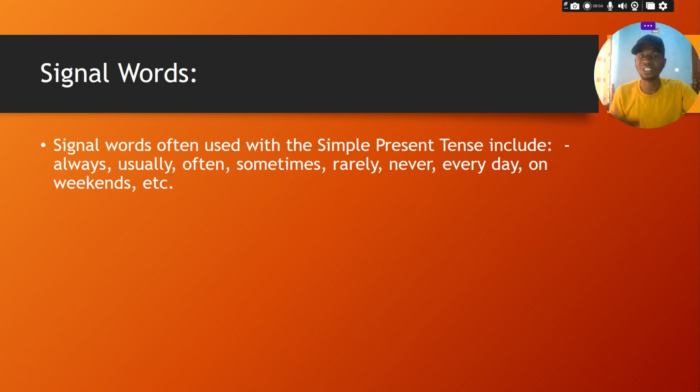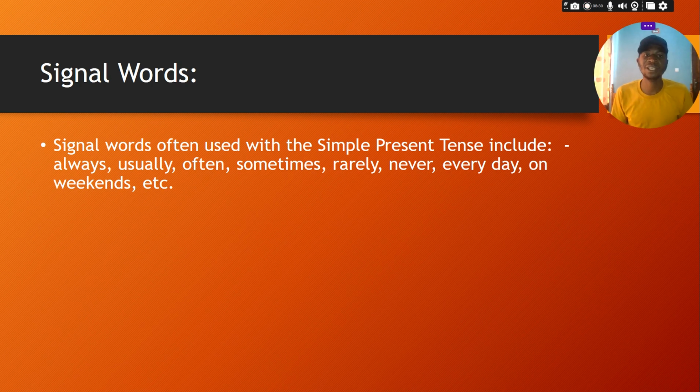For example, I always go to school every Sunday, or I usually go to school during the week. So that's how we use these words. That's why we are calling them signal words.